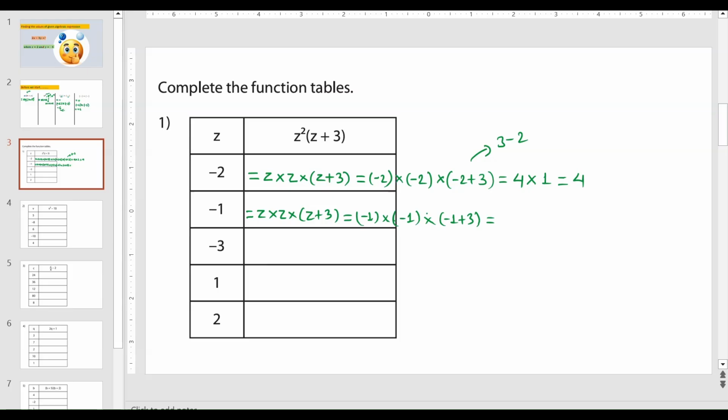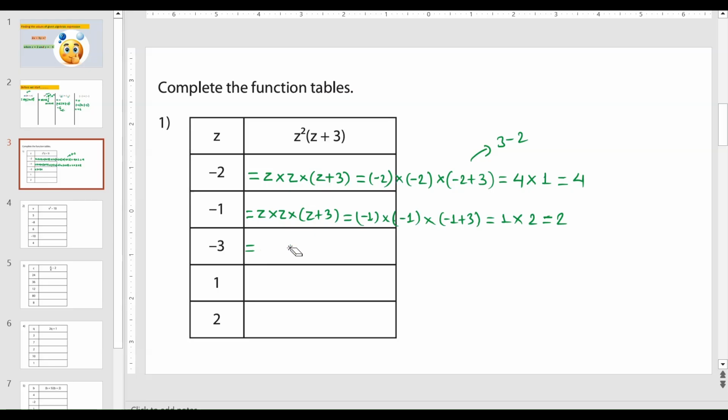So minus 1 times minus 1 is plus 1. Inside the bracket, minus 1 plus 3 is 2. So 1 times 2 is 2, which is our answer.